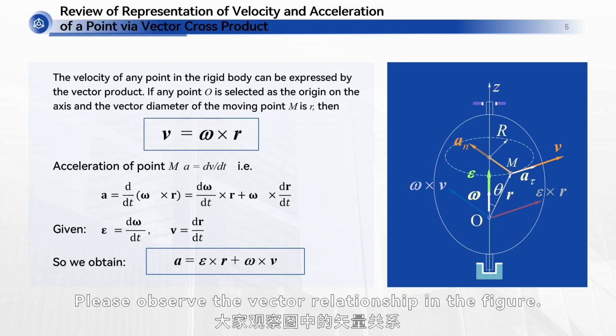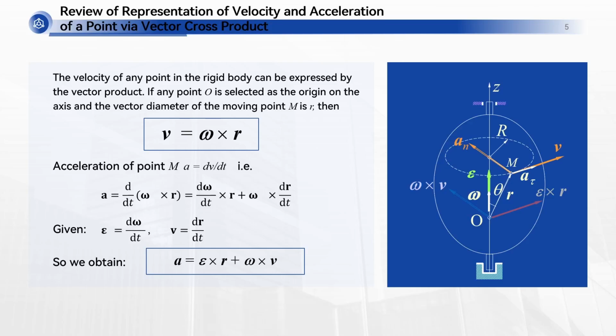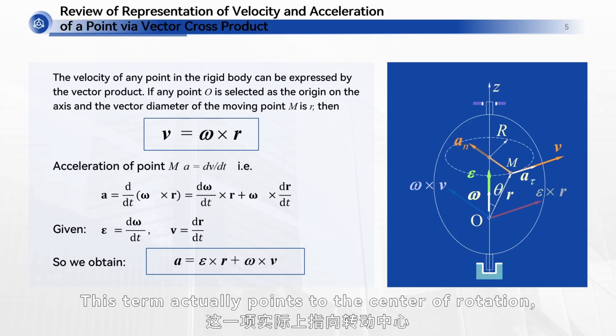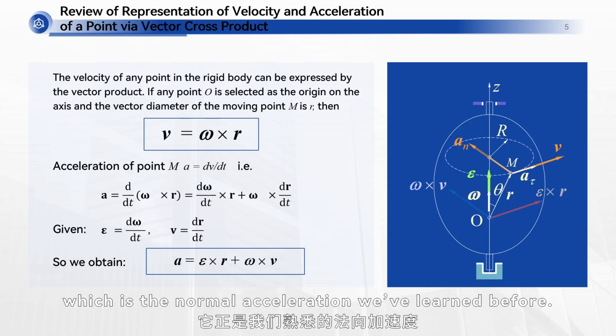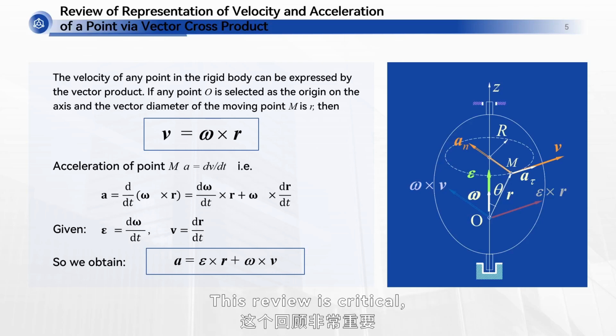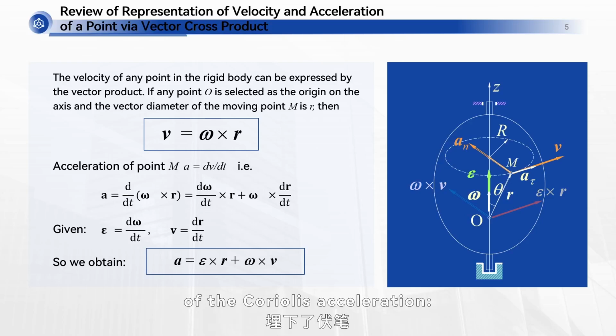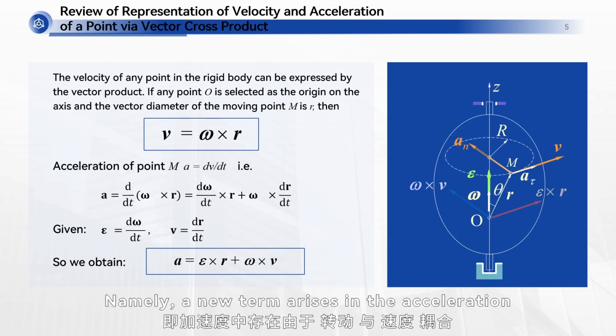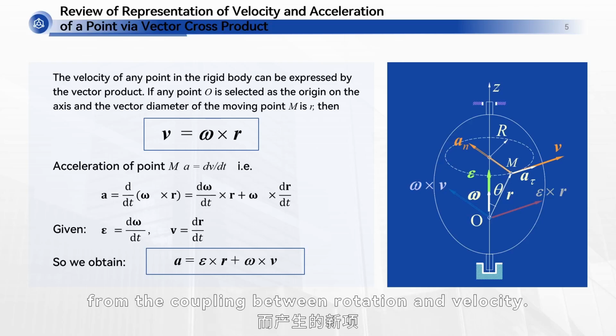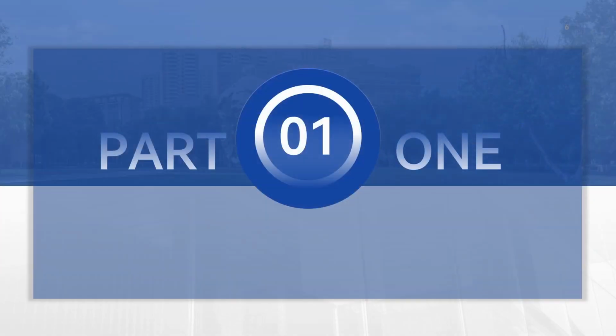Please observe the vector relationship in the figure. Vector omega cross vector v actually points to the center of rotation, which is the normal acceleration we've learned before. This review is critical, as it lays the groundwork for our subsequent derivation of the Coriolis acceleration. Namely, a new term arises in the acceleration from the coupling between rotation and velocity.